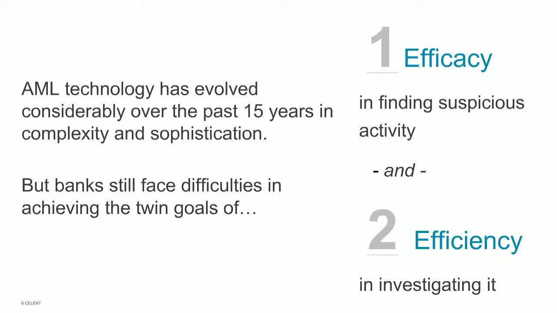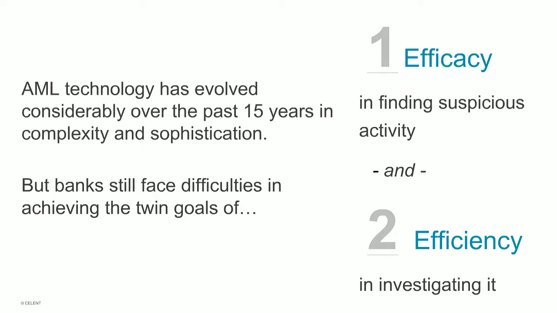So AML technology has evolved quite a bit over the past 15, 20 years. It has become quite complex and sophisticated with model rule management, a lot of domain expertise going into scenarios, scalability.